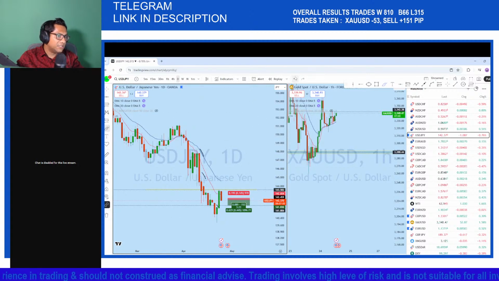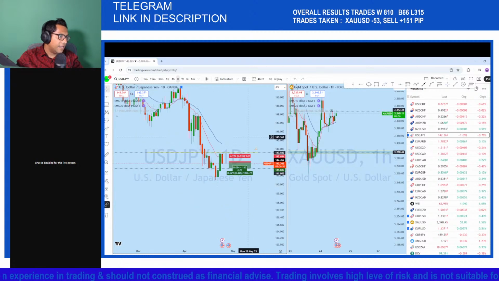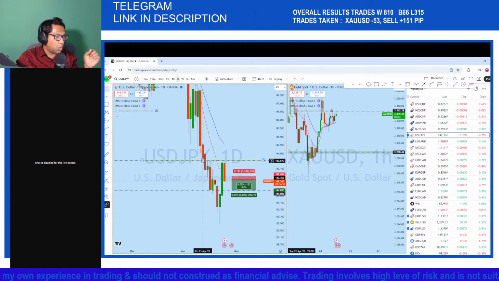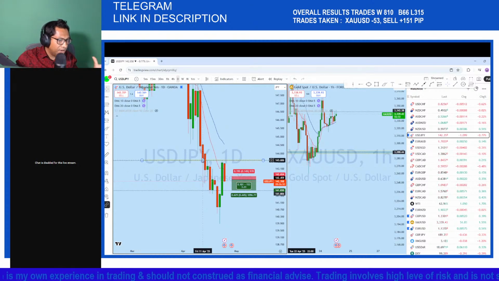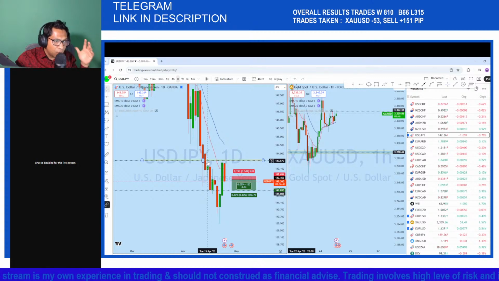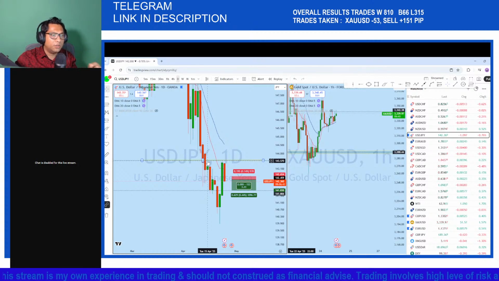Now with that series of lower high formation, the market has formed a narrow daily doji. There was also a gap open, and there is a daily doji. So this is a liquidity zone. What is a liquidity zone? A liquidity zone is where the smart money is interested to buy or sell.